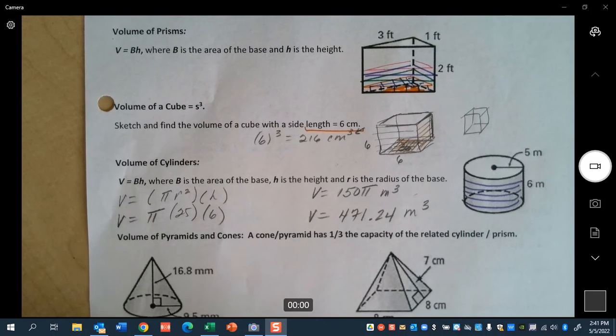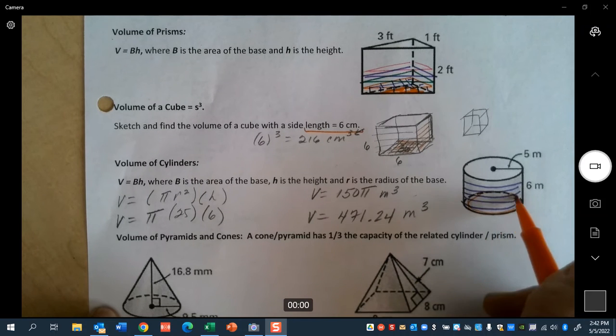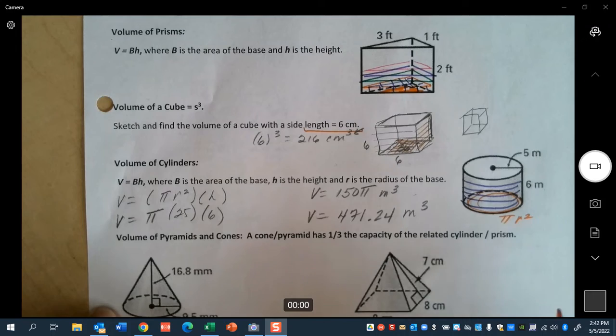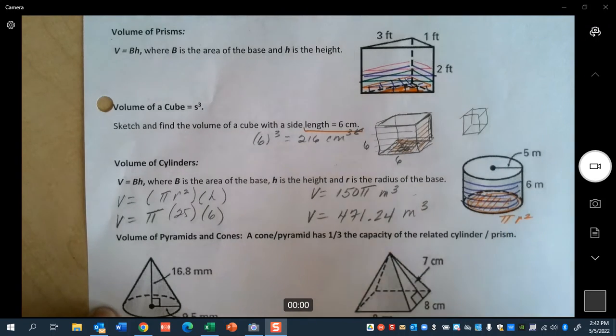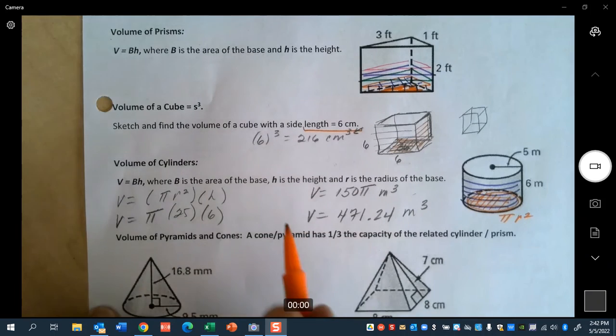If I were talking about a cylinder, my area of the base is pi r squared, where I'm talking about how many square units fit in there, and then I want to know how many times I can stack that.